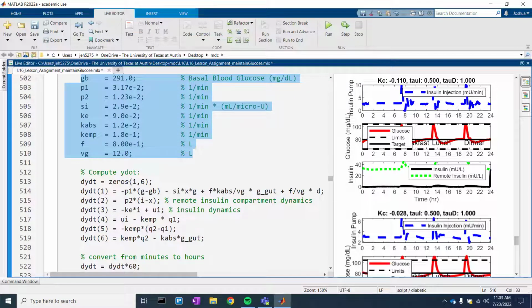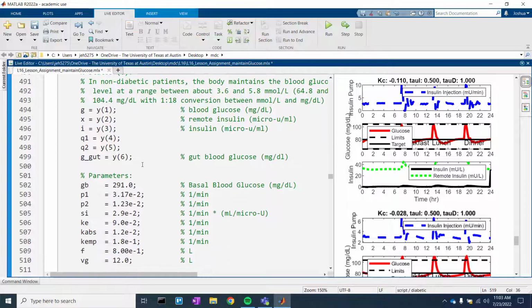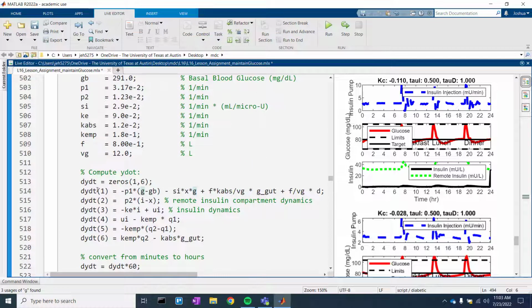So instead, we'll go ahead and we'll have a new vector for our output. Each one of these indices corresponds with the derivative of what is up here. So for example, the change in our glucose corresponds with some P1 times the difference between glucose and gut blood glucose, as well as relation with the remote insulin and glucose. F times absolute times Vg seems to be some constant relation.